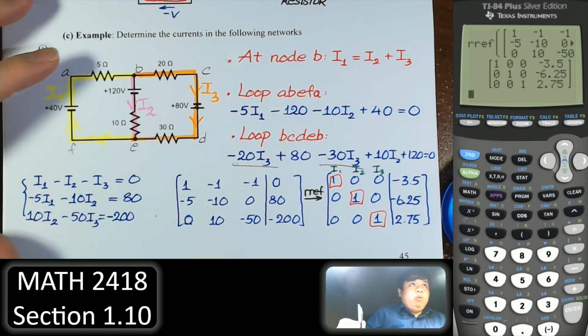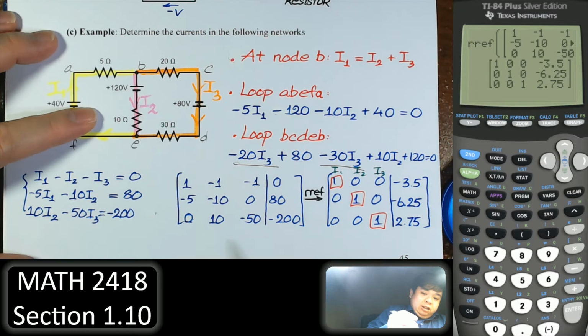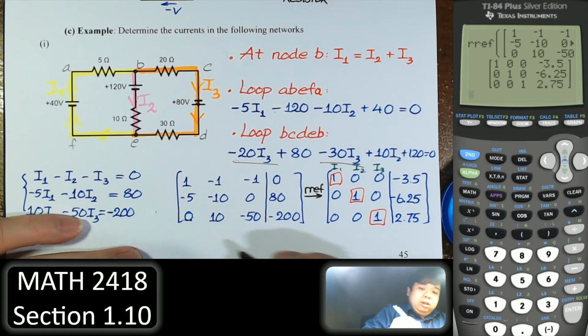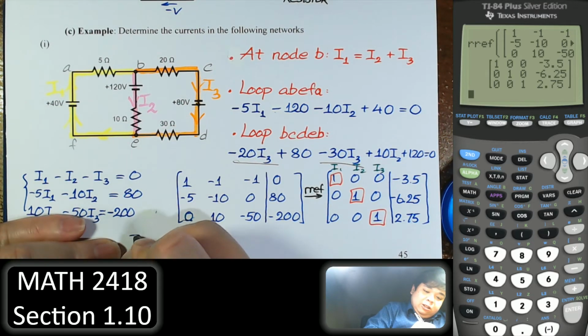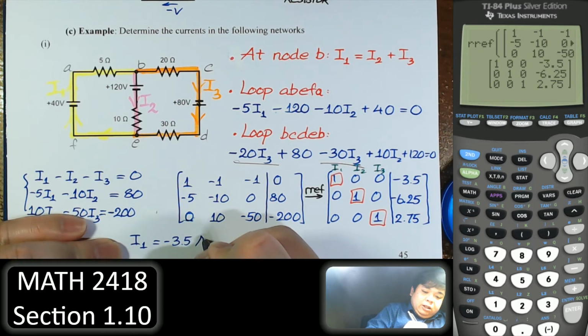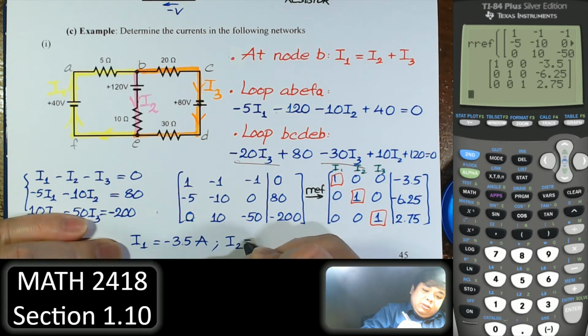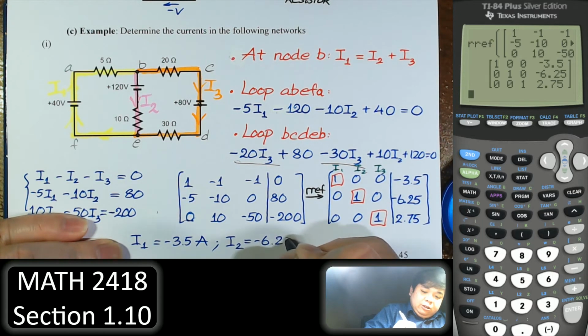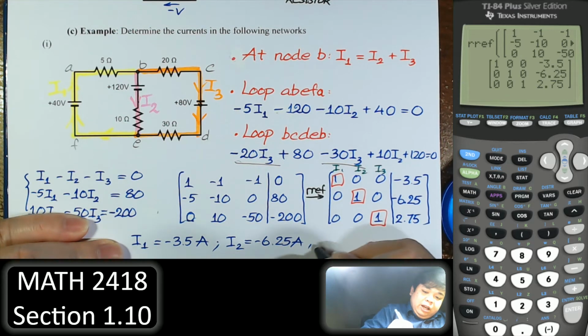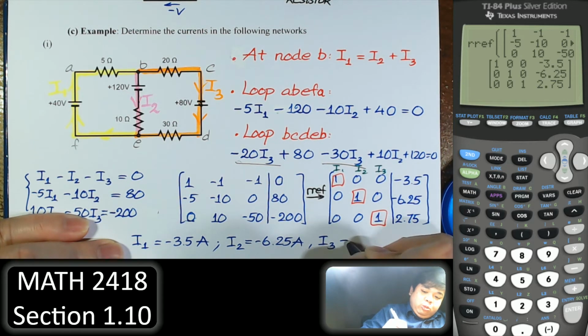So in this problem we have I1 equal to negative 3.5 amperes, I2 negative 6.25 amperes, and I3 is 2.75.